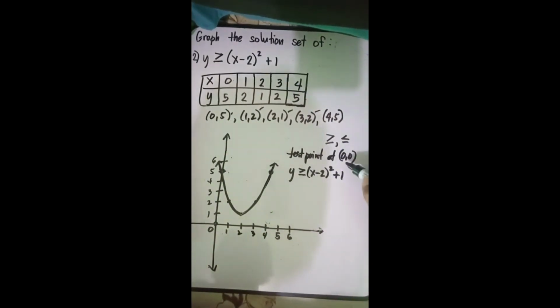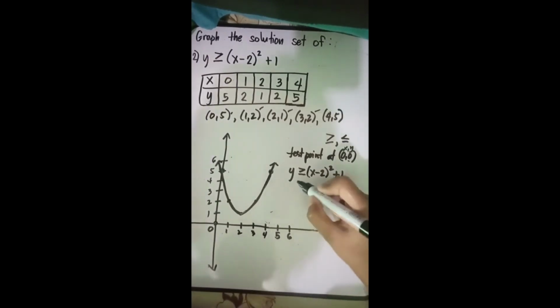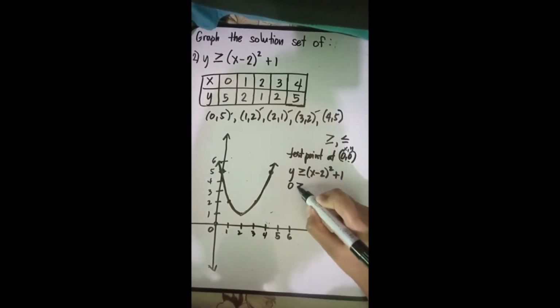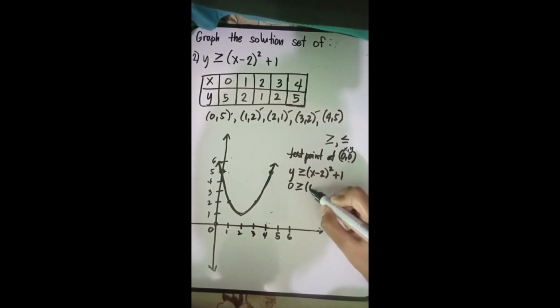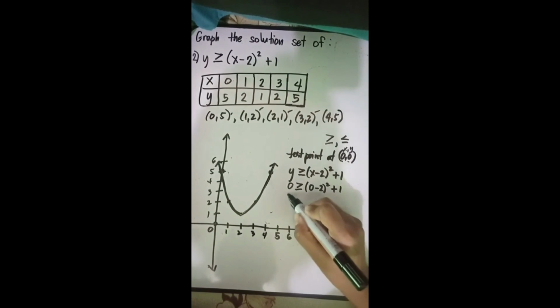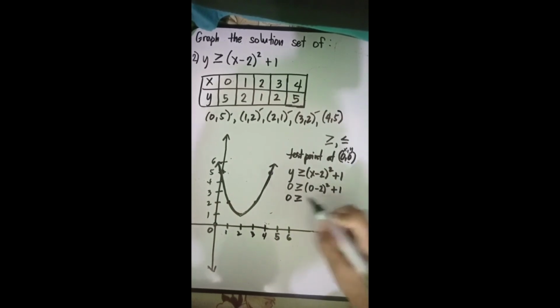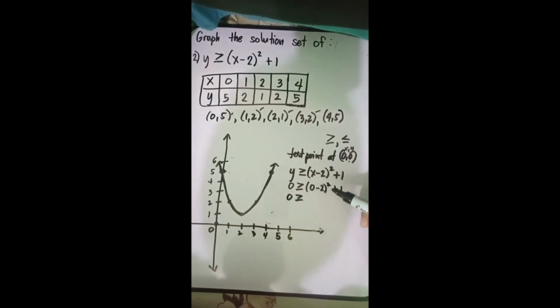So, we are going to replace x and y doon sa inequality natin. So, yung first number sa ordered pair, yun yung x. Tapos, yung second number will be our y. So, we have 0 is greater or equal to 0 minus 2 square plus 1.